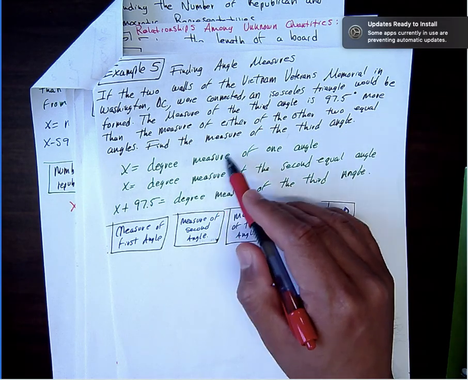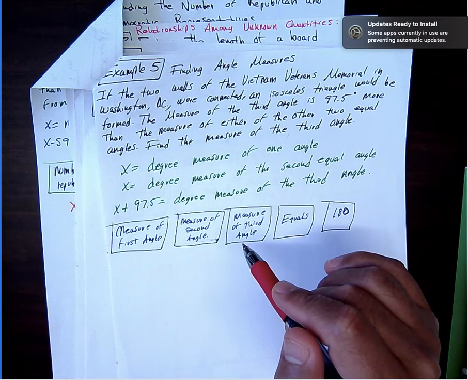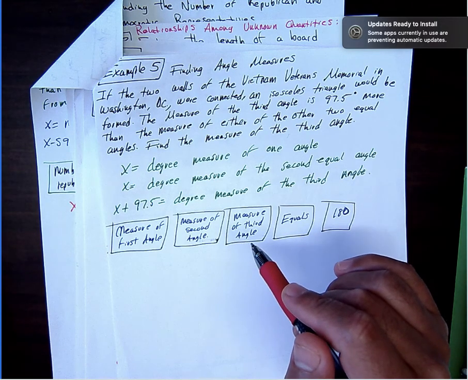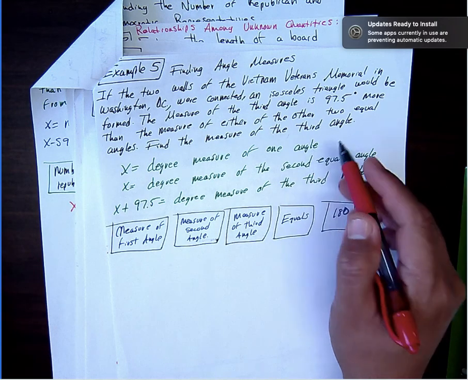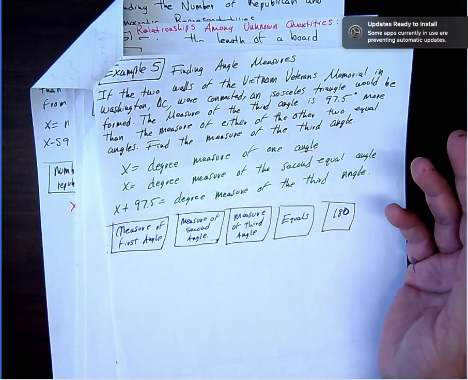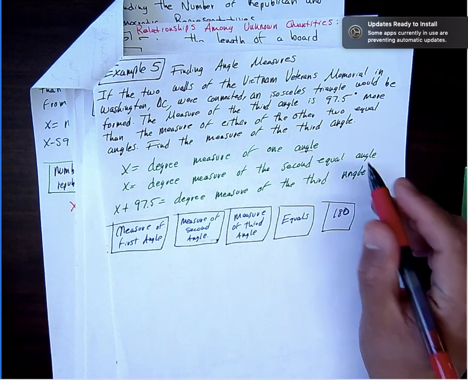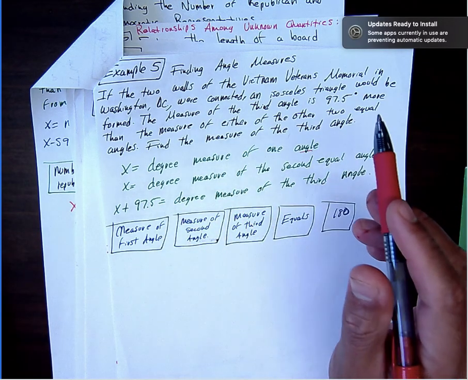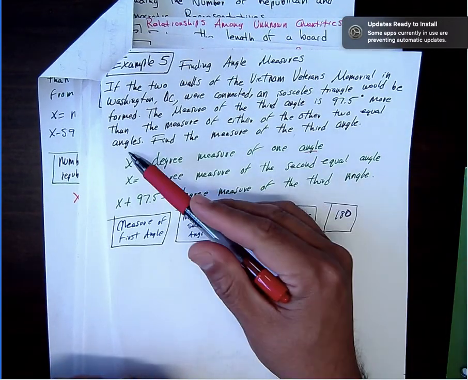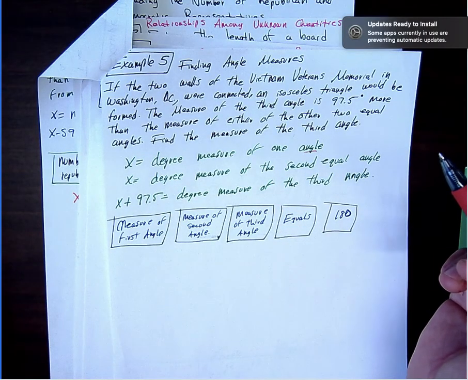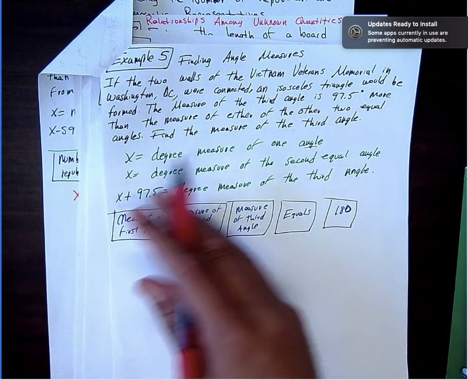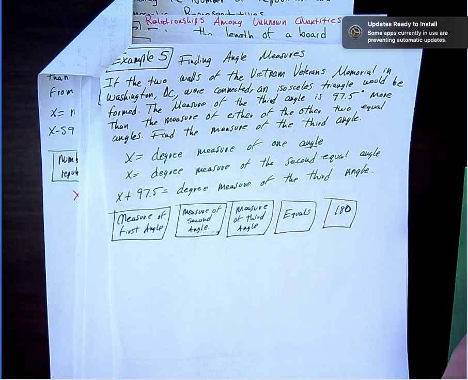So you know it's gonna have two equal sides or two equal angles. It's talking about the angles. If it's isosceles, it needs to have two angles that are the same. So it's pretty much the same as the other ones that I did. It's just gonna have three things instead of two. But you're adding everything and everything is to equal 180.